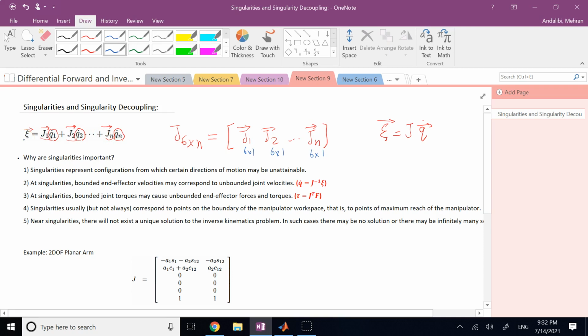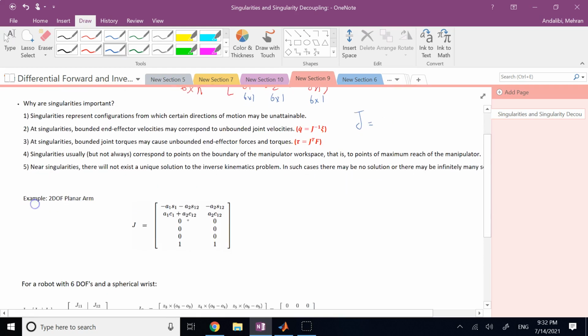Well, for example, if you remember, let's look at this one actually. This is a good one. The J for the 2DOF planar arm. My J looks like this. So this is column J1. This is what? J2. Now when I have this, can I expect my end effector to have all 6 velocity terms? Can I get all of that?